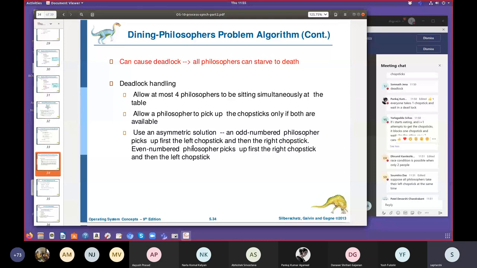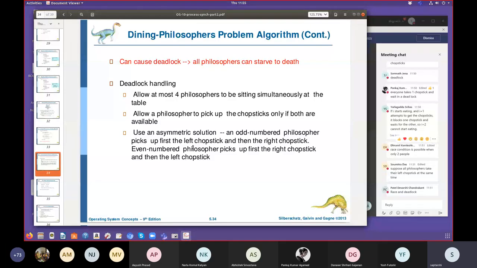Or we can even think of an asymmetric algorithm, like an odd numbered philosopher first picks up the left chopstick and then the right chopstick, and an even numbered philosopher picks up first the right chopstick and then the left chopstick, and so on. But it's good that some of you understood the problem, that yes, this can lead to a deadlock. There are many different solutions possible.